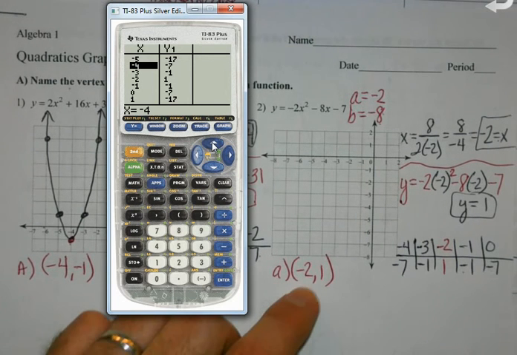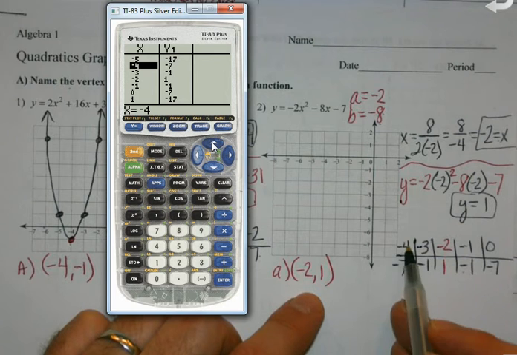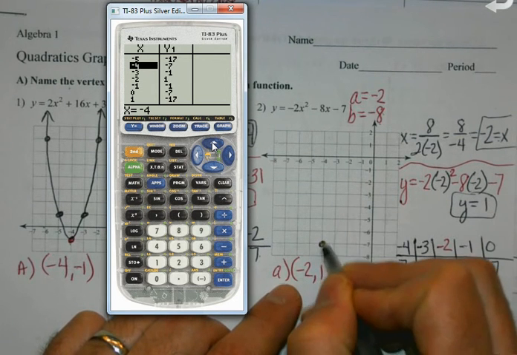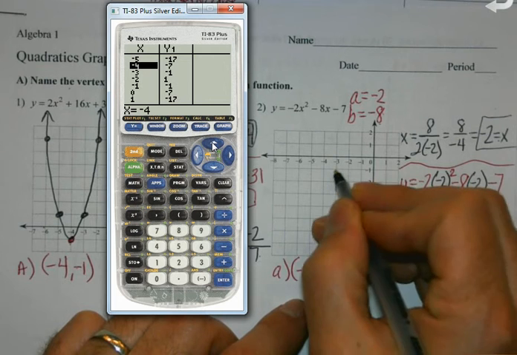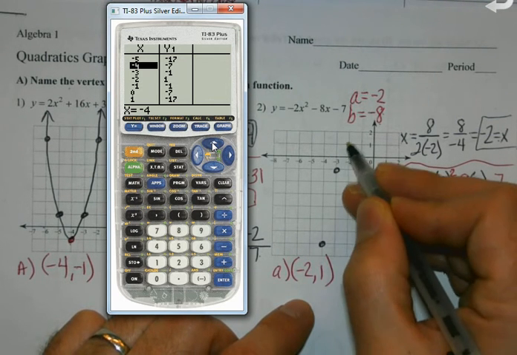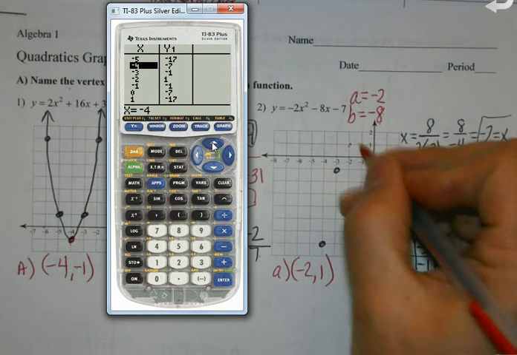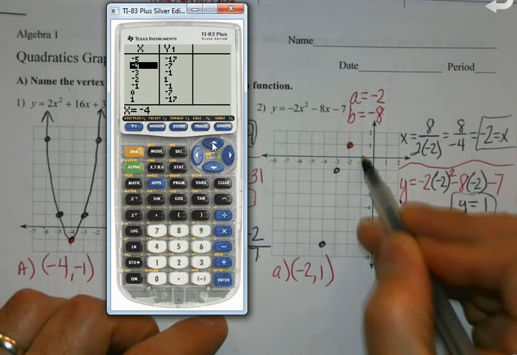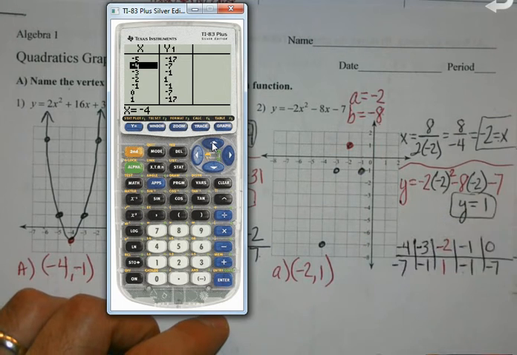Because then I can just go ahead and plot all of them. Left 4 and down 7. Left 3 and down 1. Left 2 and up 1, and that's my vertex. Left 1 and down 1.